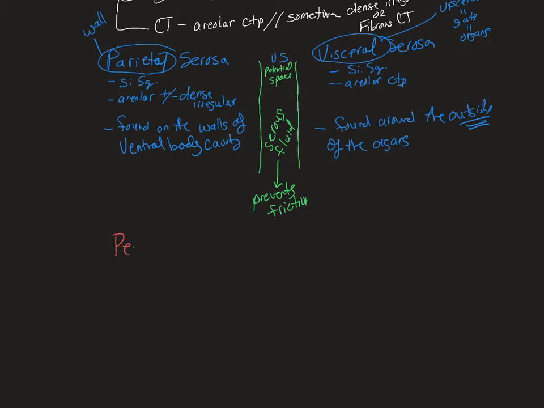So we've got peritoneum, pleura, and pericardium. All right, cardium, heart. So pericardium goes around the heart. Pleura means lungs. So pleura goes around the lungs. And then the peritoneum goes around the organs.